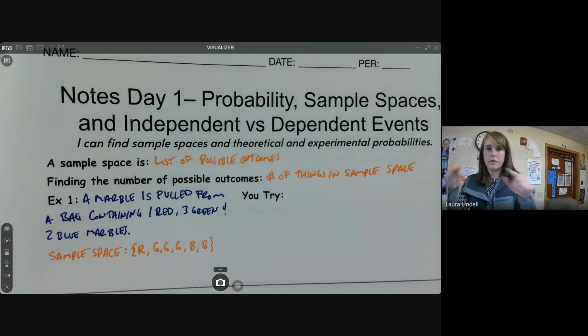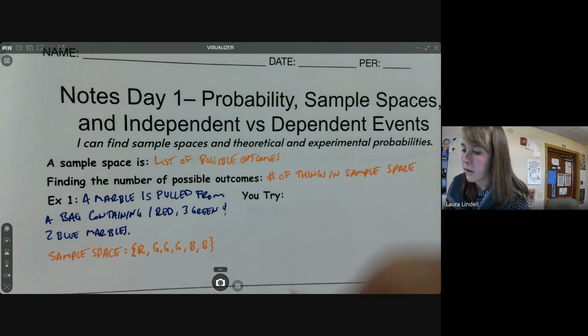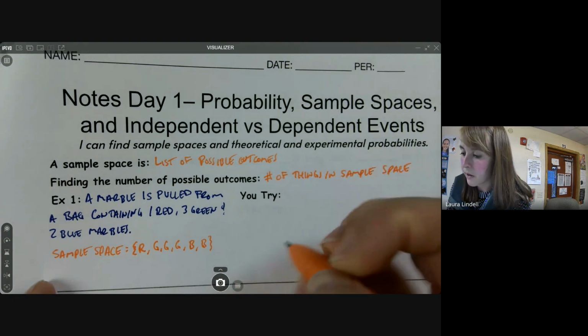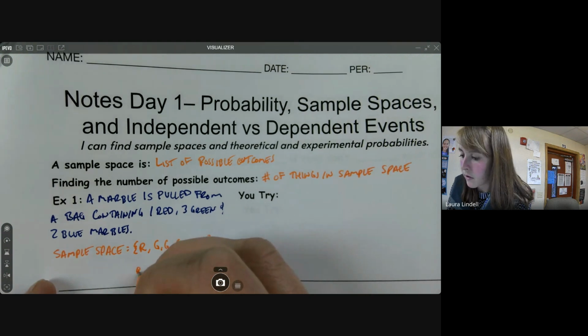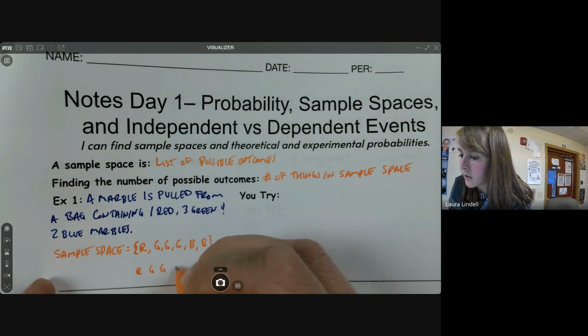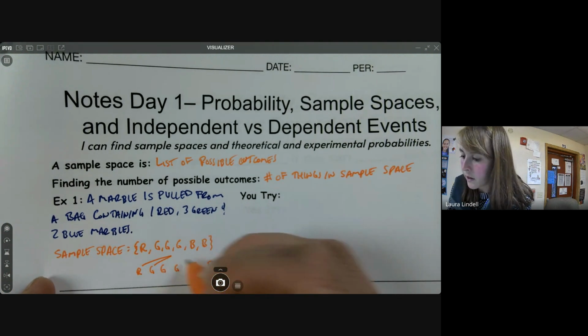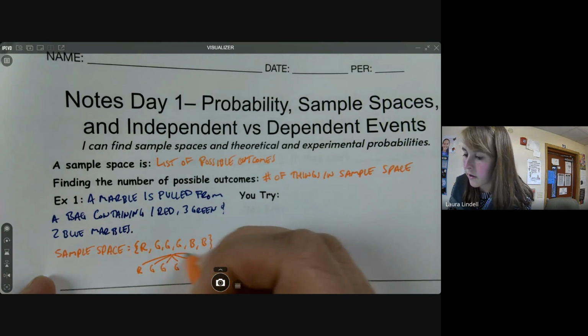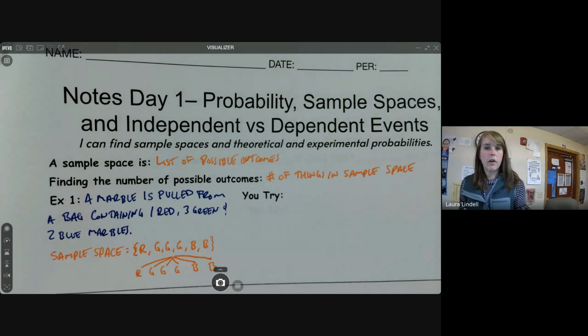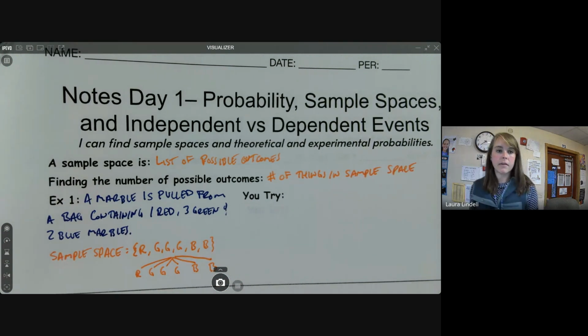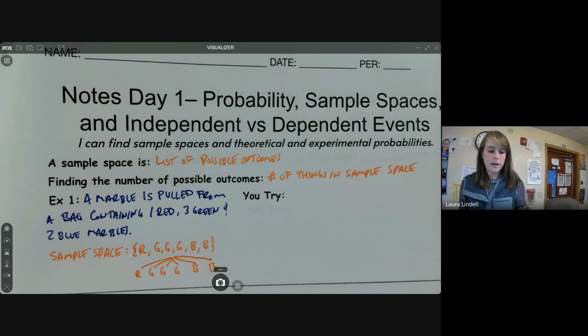Sometimes they'll do a little tree of possibilities. You could also put for your sample space R, G, G, G, B, B, and have them all connected like a little tree diagram. That would also count as a way to express your sample space. And then for the number of outcomes, there are 6 marbles in the bag. There are 6 things in our sample space. So our number of possible outcomes is 6.